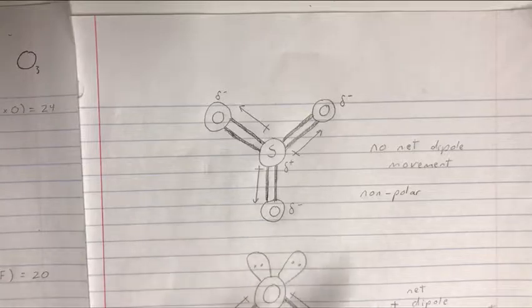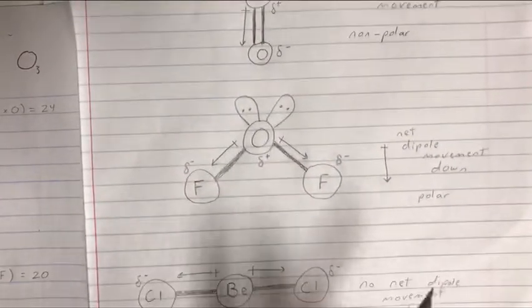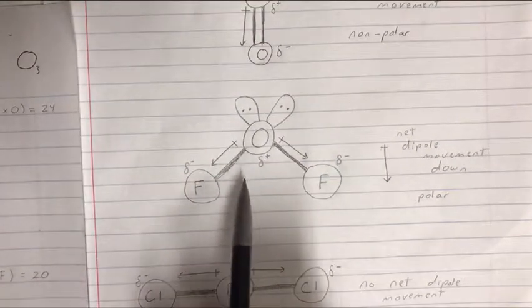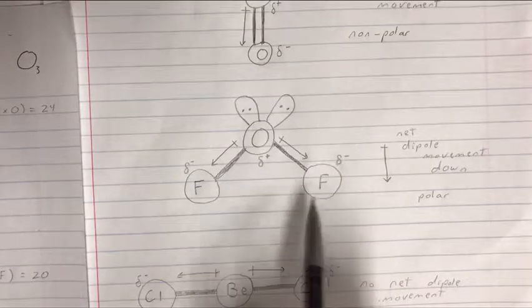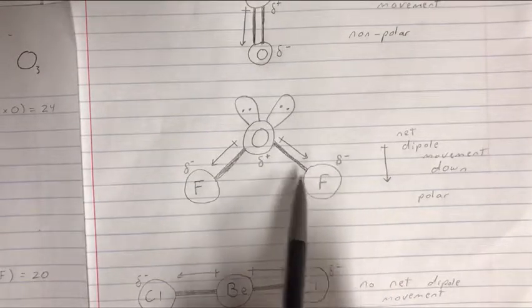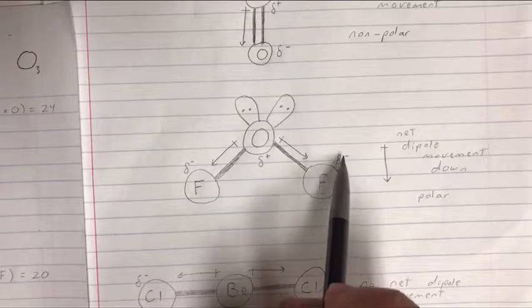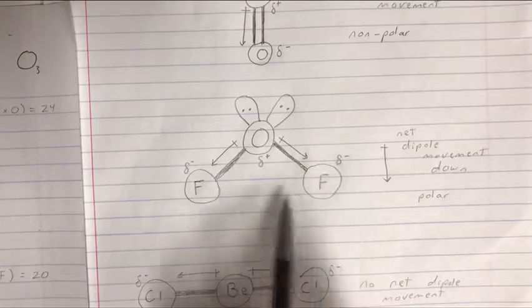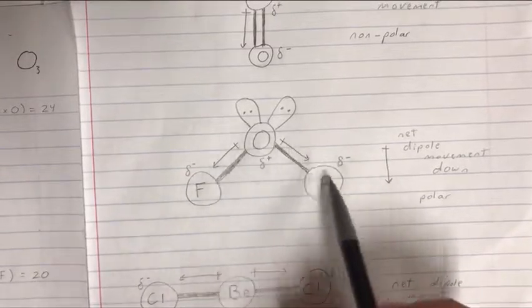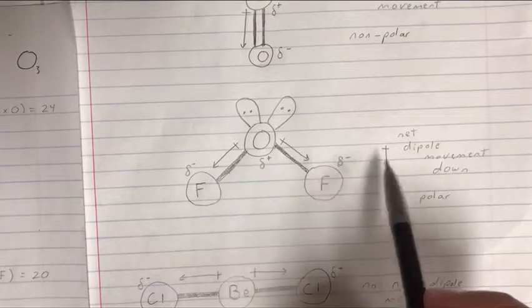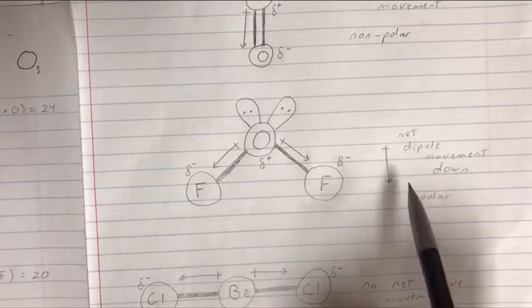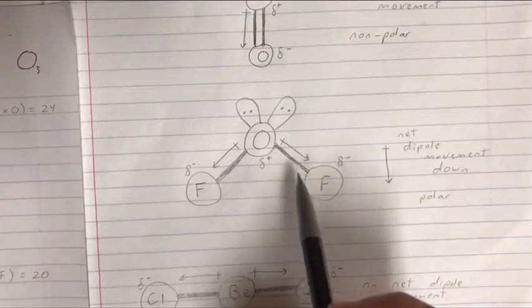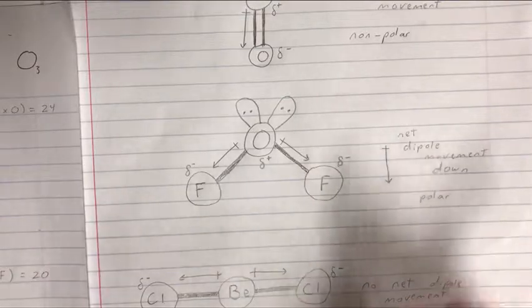So you really want to do this with all of them. When you draw the OF2 molecule, fluorine's the most electronegative of all, so it's definitely going to have the partial negative charges. You're going to have 2 going down, so the net is a downward dipole movement. And since it's uneven, it's going to be polar.